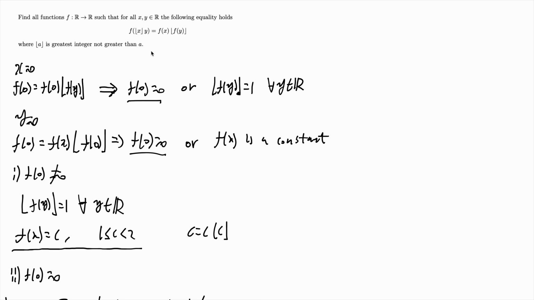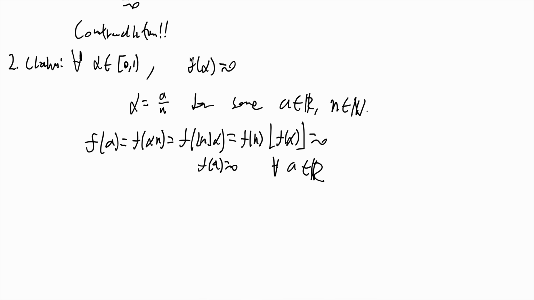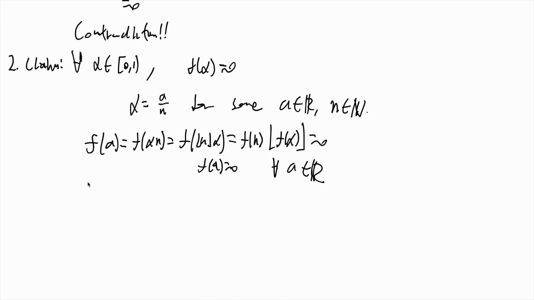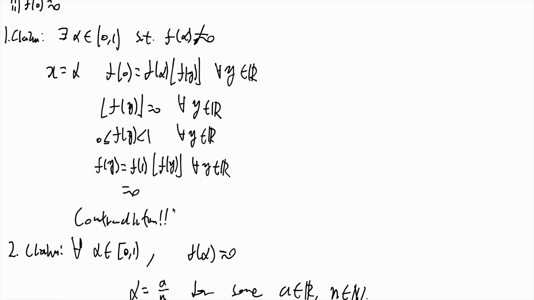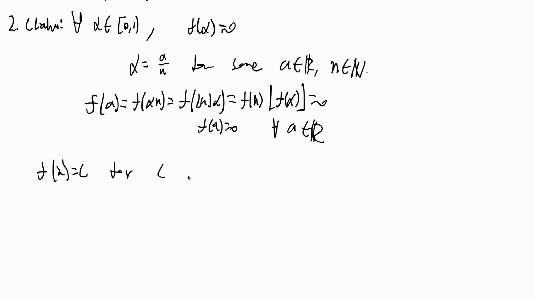Let's see if that works. 0 equals 0 times 0, so it works. So therefore, our solution to this problem would be f of x equals c for c in this interval.